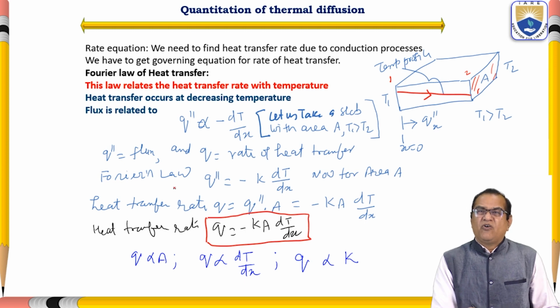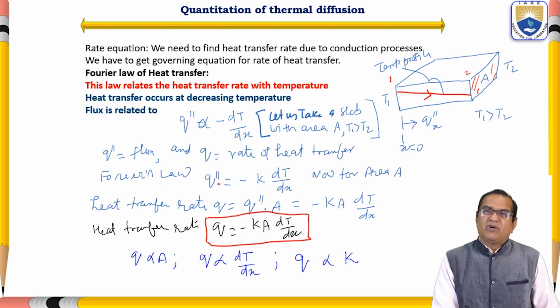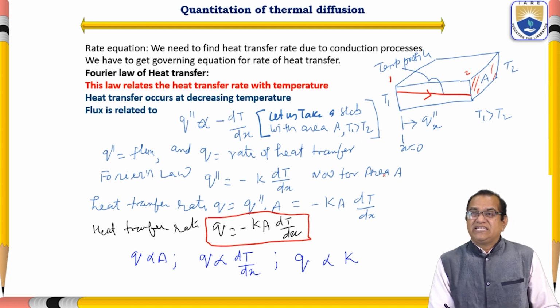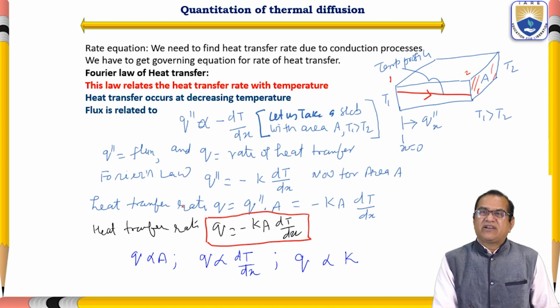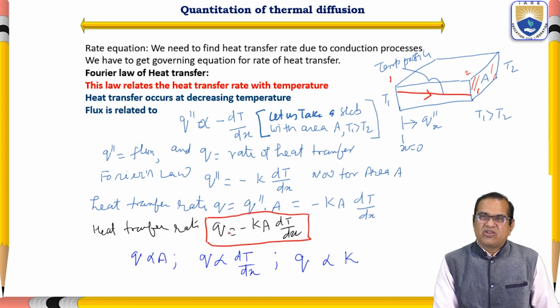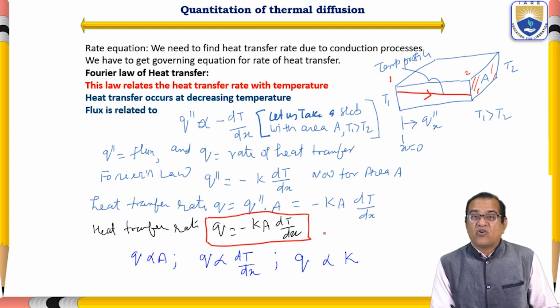From Fourier's law, Q double prime is equal to minus k dT by dx. Now for area A, the heat transfer rate Q is equal to Q double prime times A, so it will be minus kA dT by dx. So the heat transfer rate Q is equal to minus kA dT by dx, and this is called Fourier's law.